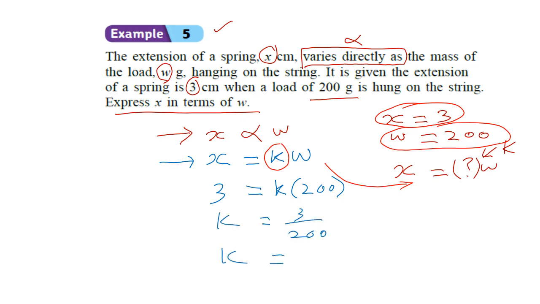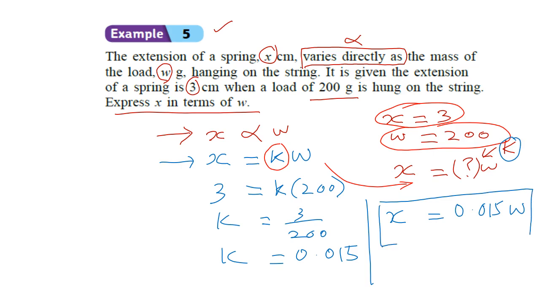K is actually 0.015. Now you have found your K, so now you can write x in terms of W. So x equals 0.015 times W. So you have answered the question, express x in terms of W. So very simple, right?